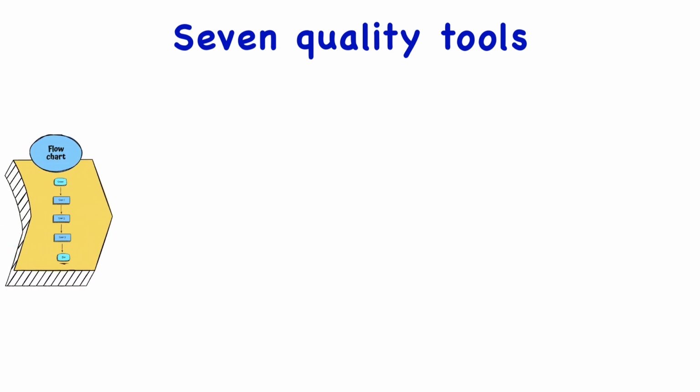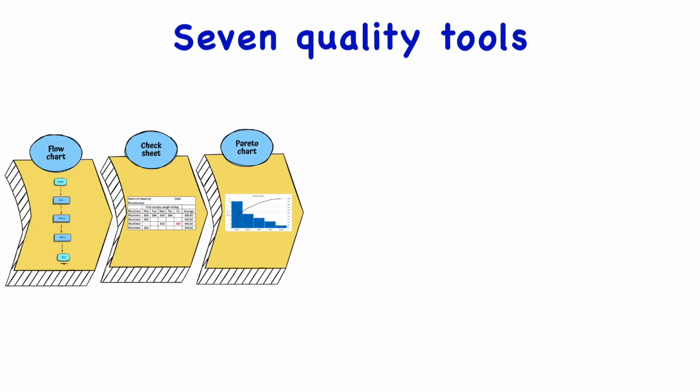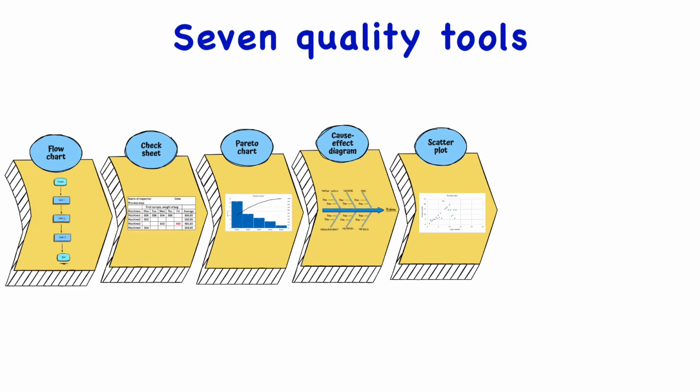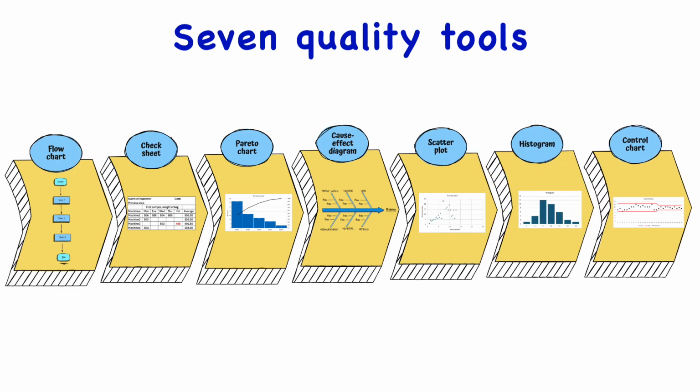Starting with the process flow, understanding in which step the problem is observed, collecting data from that process step with the check sheet, analyzing the data with a Pareto chart to define the more significant factors, uncovering all the possible causes with the cause and effect diagram, how variables can affect each other with the scatter plot, analyze the process behavior against the process limits with the histogram, and finally, ensure your process is in control after you apply the necessary actions to improve it. Of course, these tools can be used separately. It will depend on how complex your problem is.